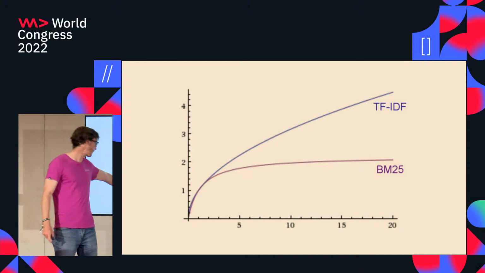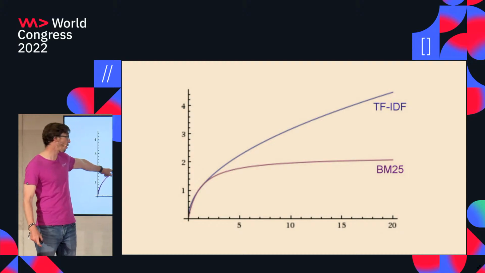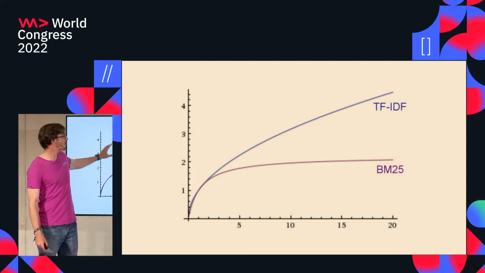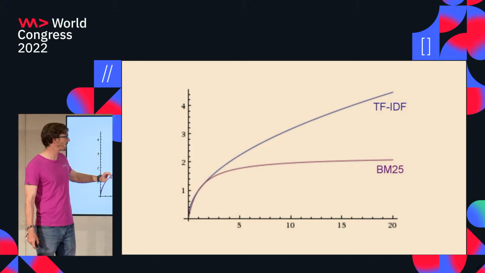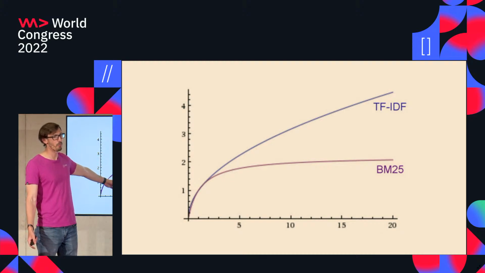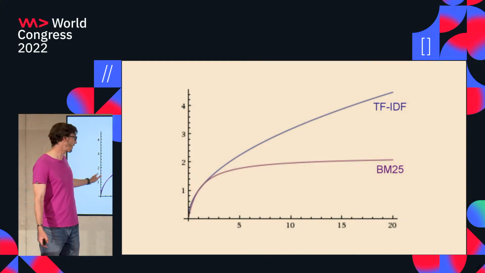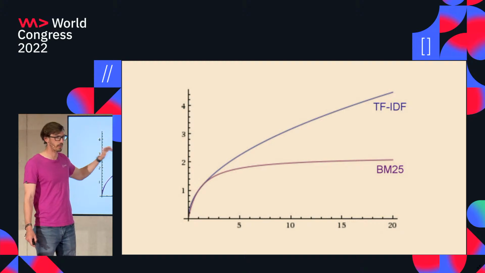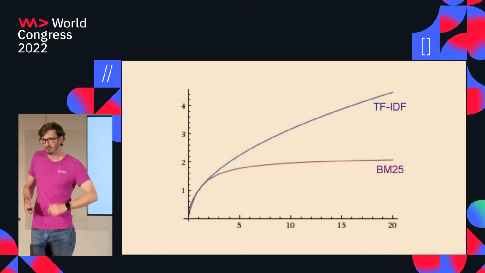If I have five Lukes, it's more relevant. And you can see there's one difference between TF-IDF and BM25. TF-IDF is just the square root, and it keeps increasing, whereas BM25 is like, once you have found five Lukes, is that really so much worse than 25 Lukes? Not really, so BM25 just stops that steep increase and flattens out the number of occurrences and how important they are.